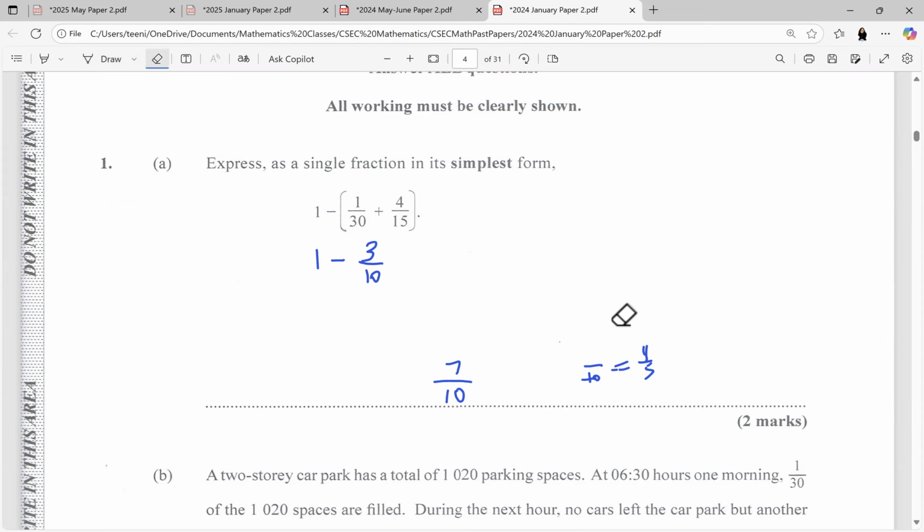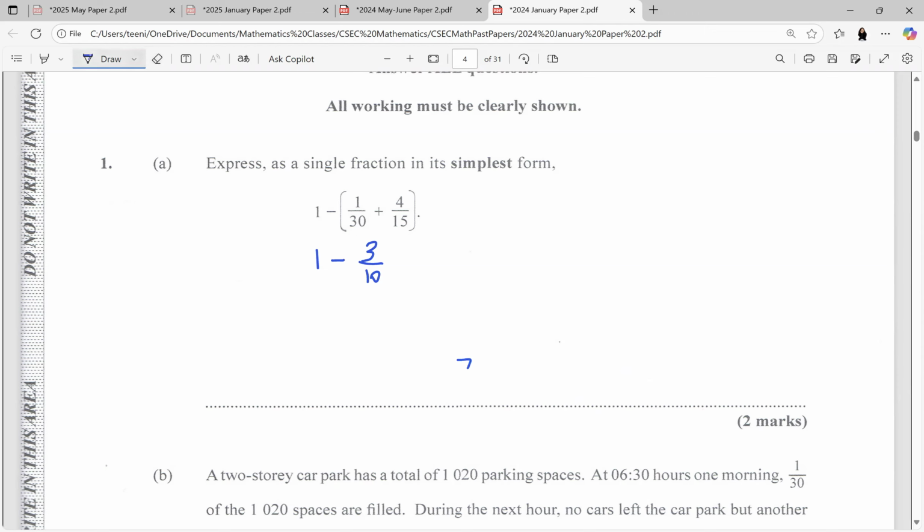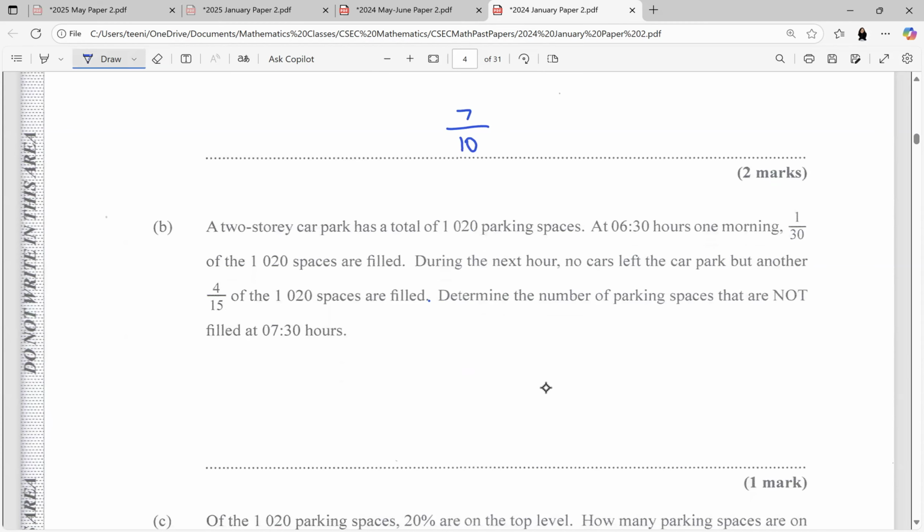All right, let us look at question B here. Oops, why did I erase the answer? 7 over 10. Let me just write this over because that's not looking good. 3 over 10. Okay. A two-story car park has a total of 1,020 parking spaces.